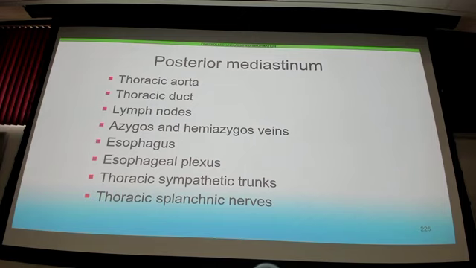When I study, I study the exception in this case rather than the rule, going, okay, well, almost everything's in the posterior mediastinum. What's not? Make sense to some of y'all maybe? So I'm not going to read through those. It's just about everything that you can think of.